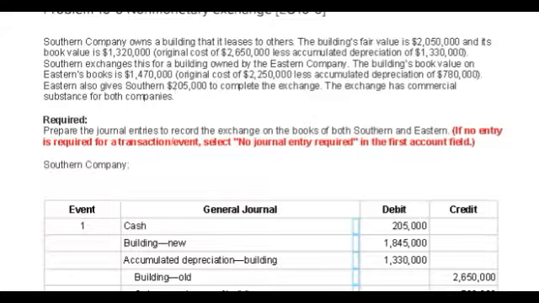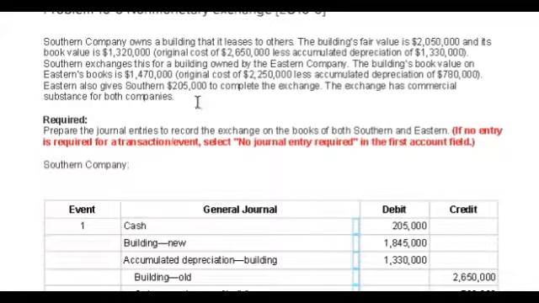Right? Why would these companies make an exchange if it's unfair? So this Southern company had a building valued at 2.05. This company would not give up that building unless it's receiving equivalent fair value. So therefore, Eastern company's building must have been 205,000 less than the building valued at 2.05.